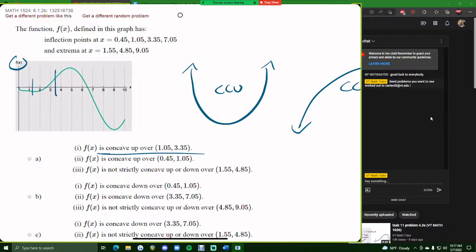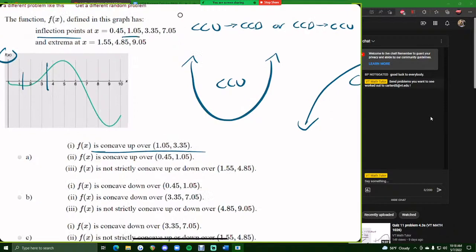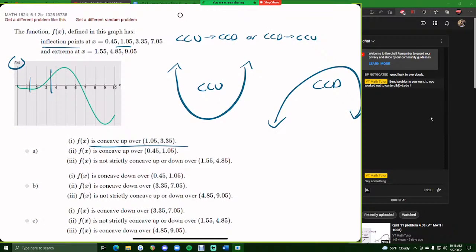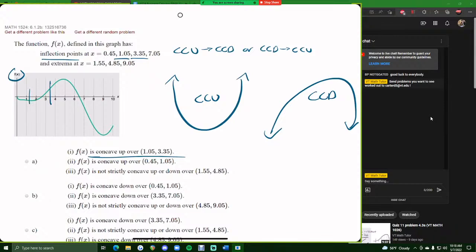How can we confirm? The inflection points tell us where the concavity changes from concave up to concave down, or from concave down to concave up, which means we know that a new concavity starts at 1.05 and continues until 3.35. So if it looks concave up to some extent between those two values, then it should stay concave up over that interval based on these boundaries.